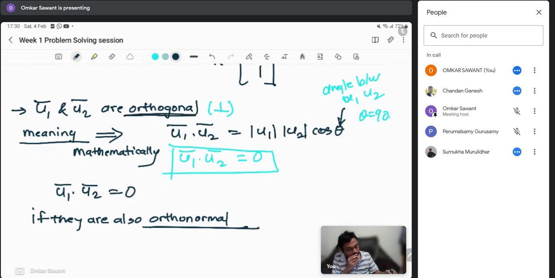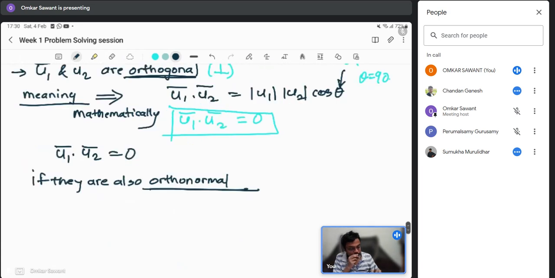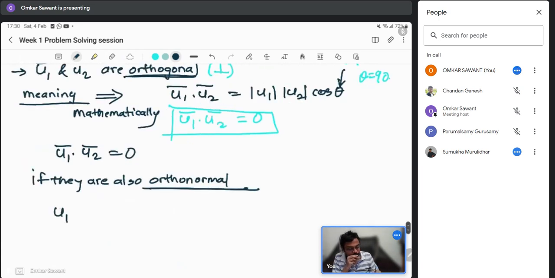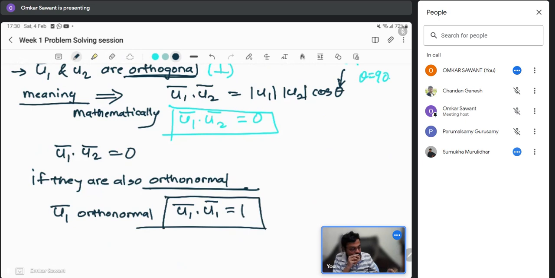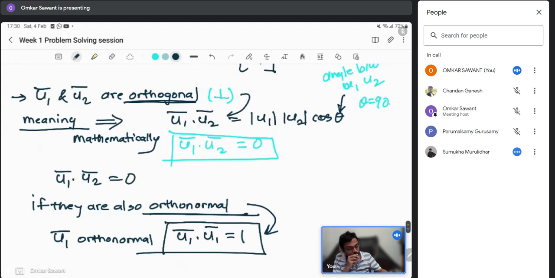No, orthonormal is orthogonal only, but orthonormal means orthogonal plus its magnitude is also 1. If a vector is orthonormal, that means un bar dot un bar, its dot product with itself, will be 1. This is the meaning of orthonormal. This is the meaning of orthogonal.